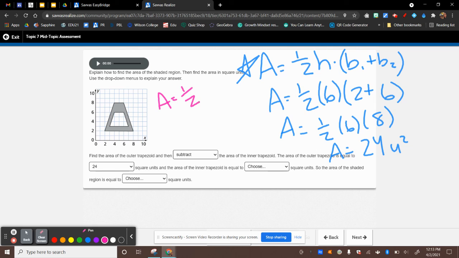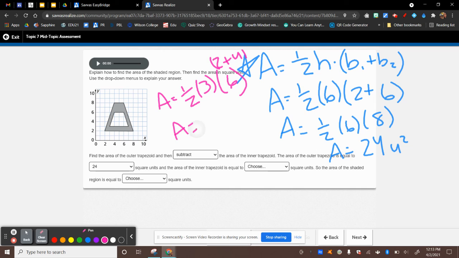My height of my inner is, it goes from 3 to 6, so it's 3. And then my base 1 is just 2 plus 4, which is 6. I can write it up here, 2 plus 4, which is 6.